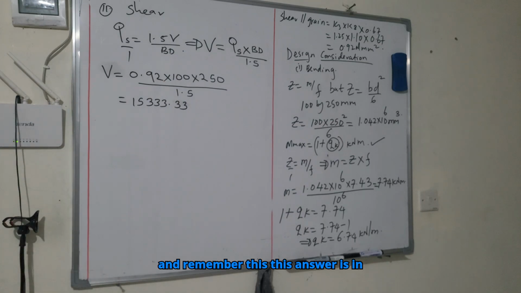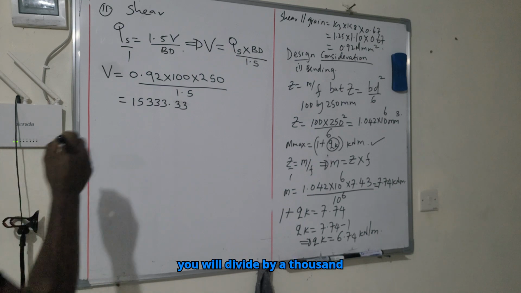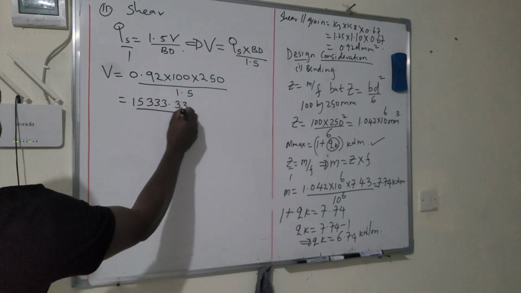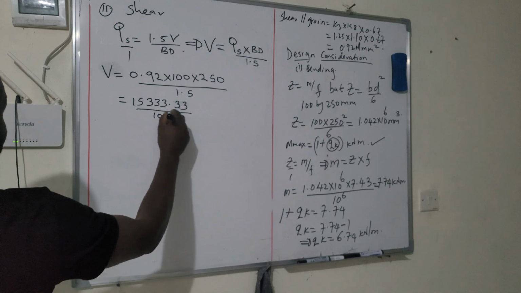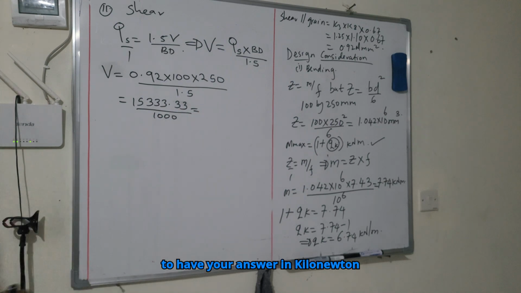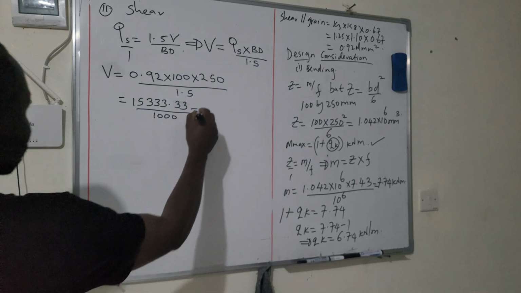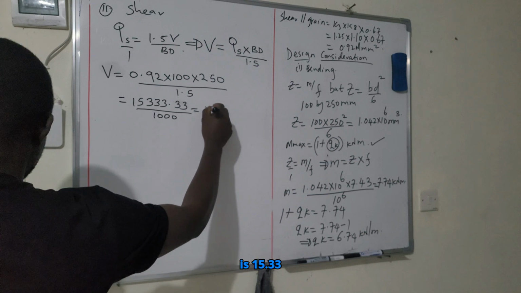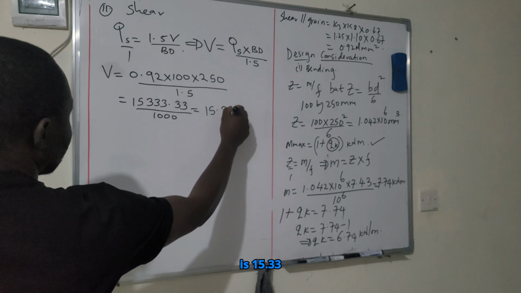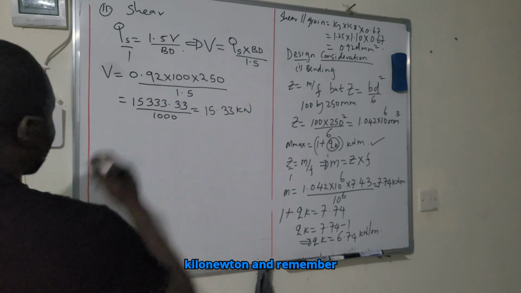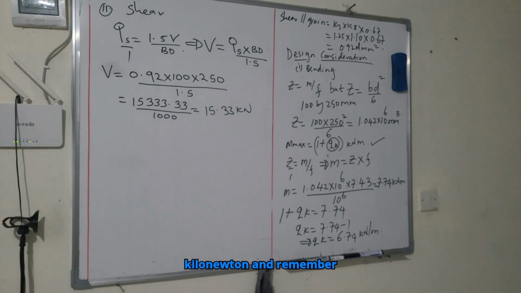And remember this answer is in Newton. So you will divide by 1,000 to have your answer in kilonewton. So divide by 1,000. So that is 15.33 kilonewton.